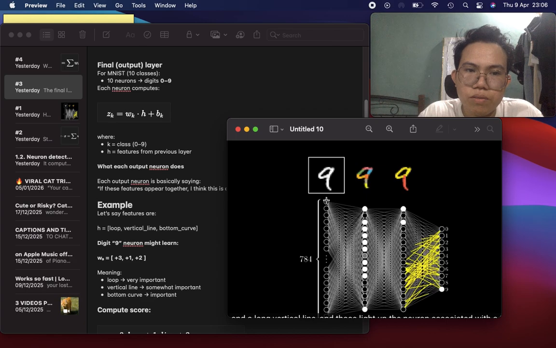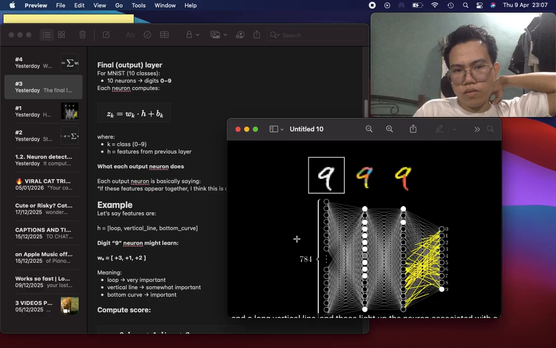So each neuron computes z sub k equals w sub k times h plus b sub k, where k means the class from 0 to 9, so we have 10 classes. And h is the features from the previous layer. So we have the 16 h features from the previous layer.